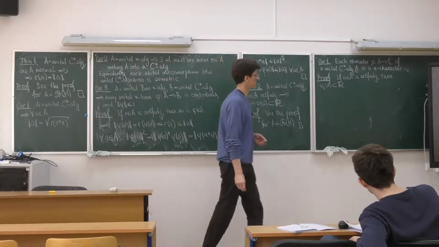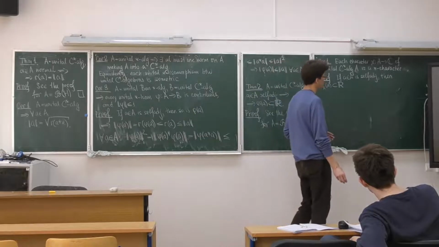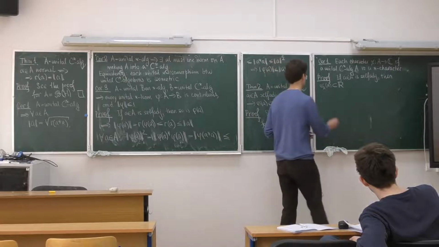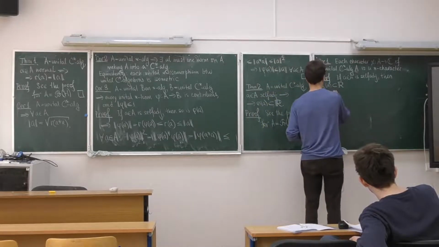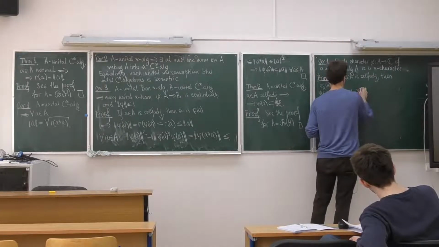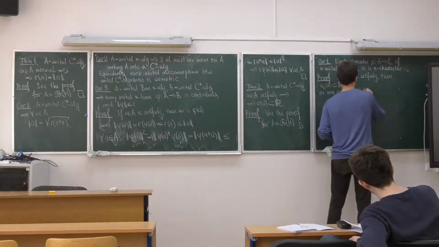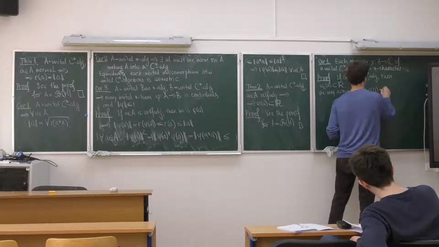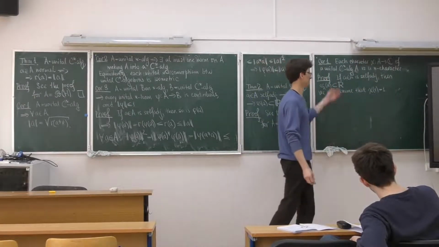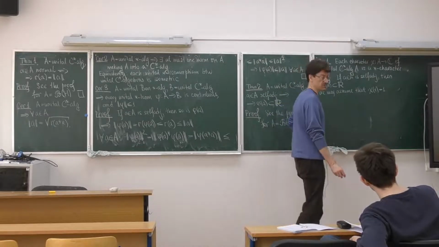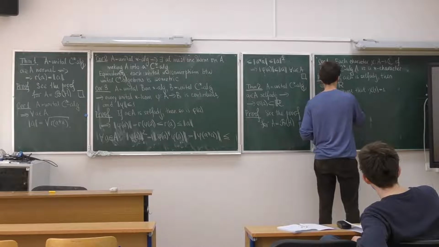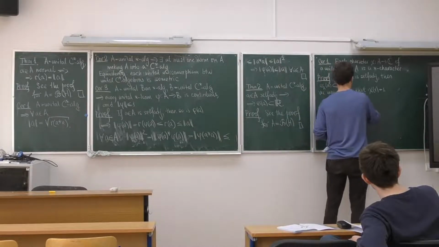So now we take our character and observe that we may assume from the very beginning that chi is unital, so it takes the identity of A to the identity in the complex numbers, because otherwise it is identically 0.